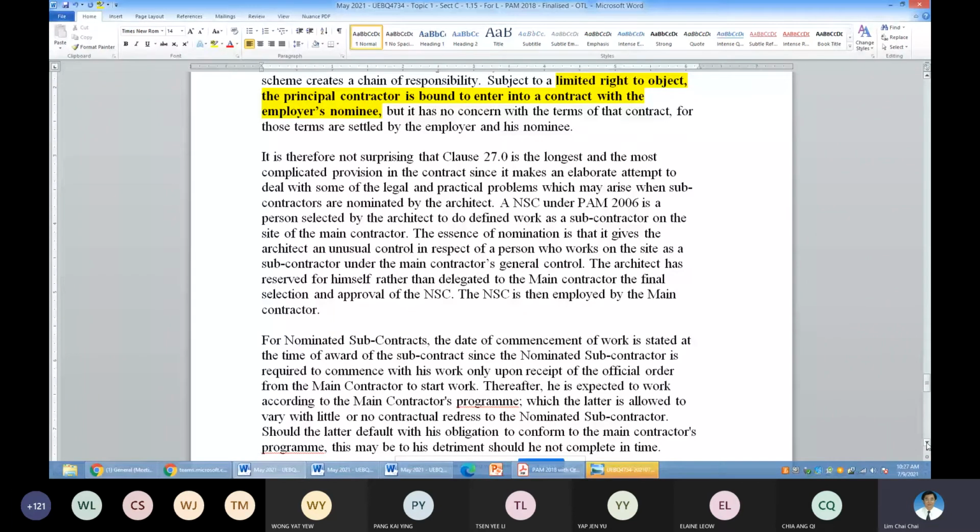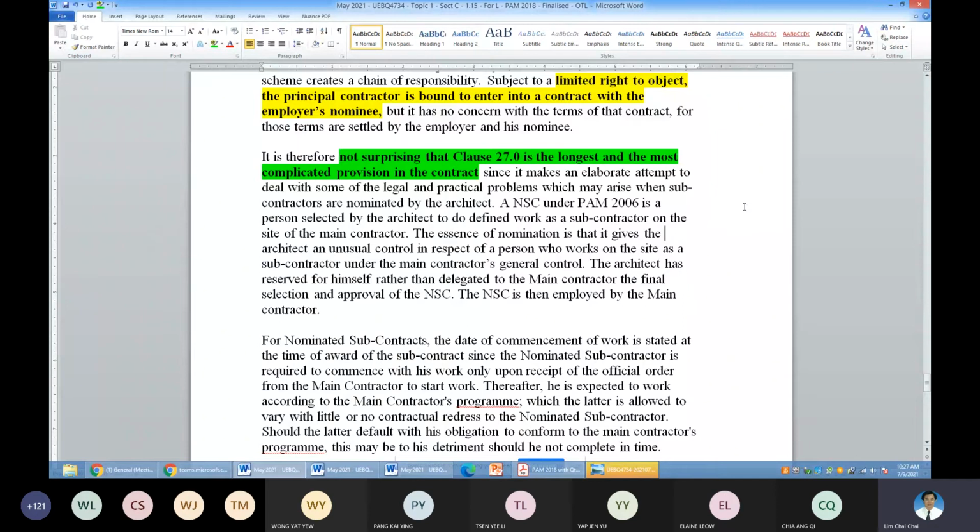Okay. So you can see why clause 27 is the longest and the most complicated under your main contract. All this is because the document is drafted in such a way to incorporate somebody that is outside the system into the main contract system.